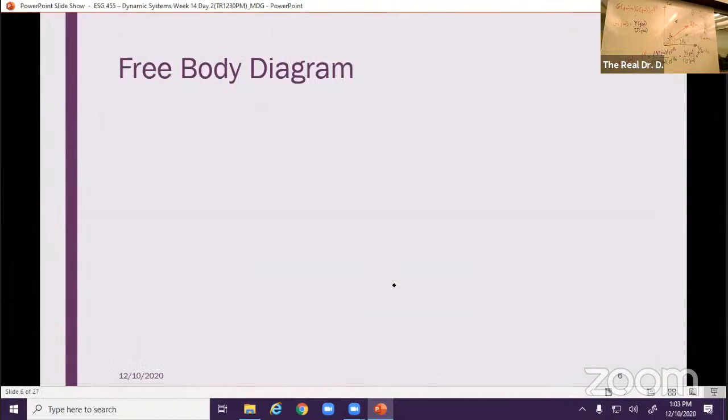So we start our system just like we start every other system. Our free body diagram, right? In this case, we need 2.